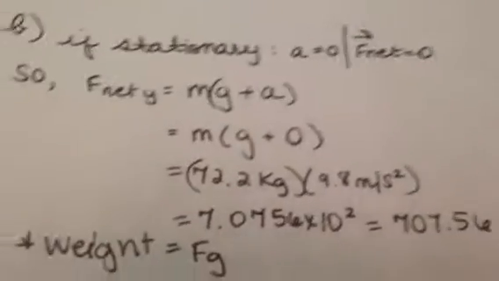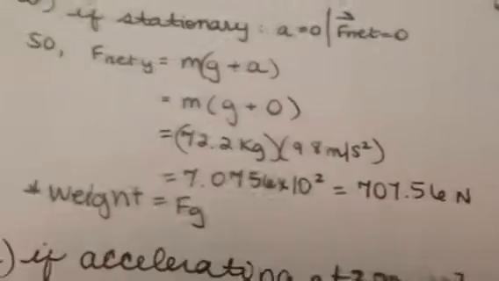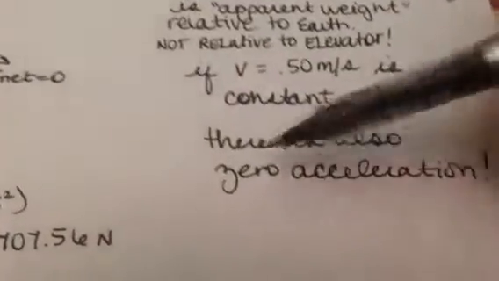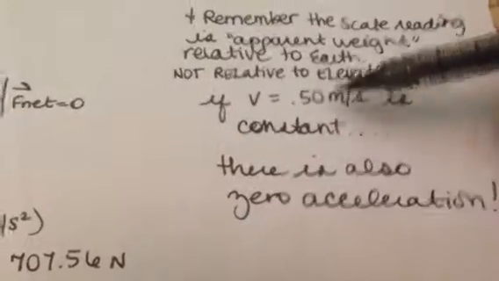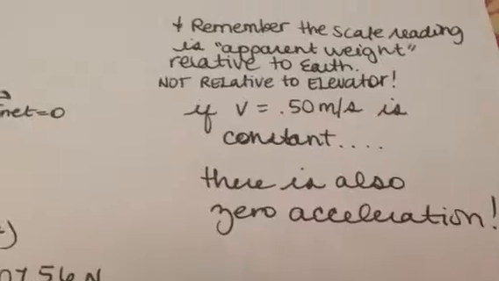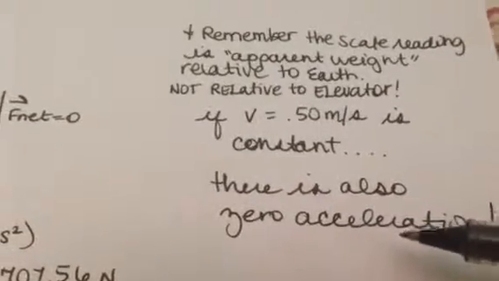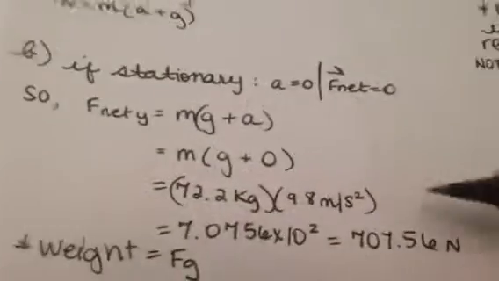However, if his acceleration is not 0 and he's not stationary and he actually is moving, but he's moving at a velocity that is constant, if v equals 0.50 meters per second and it's constant, there's no changing acceleration, and there's a 0 acceleration, then it's the same thing.